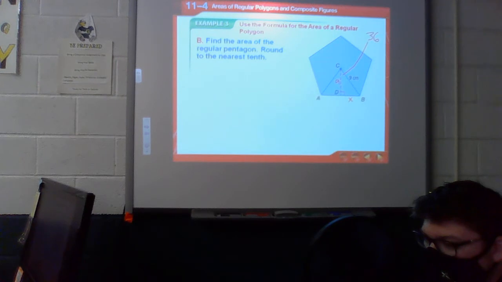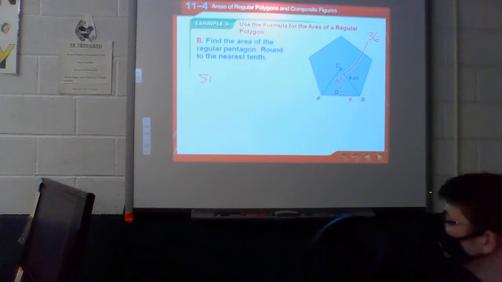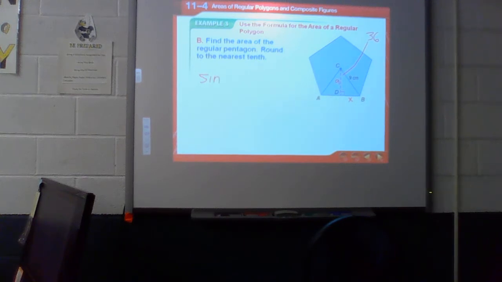I'm going to write the two equations over here. I don't want to rush you, but we're almost out of time, and I want you to at least see if you did this right or wrong. So the first one that I would have done to find x is this formula. And the second one to find A, I'm going to do this.